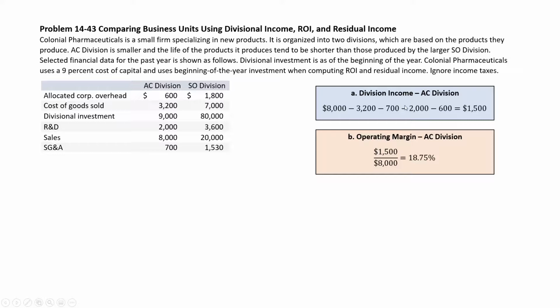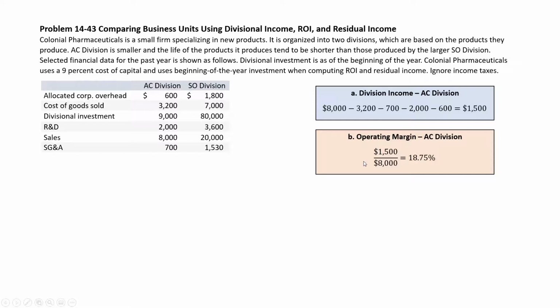And again, in this problem, we're not given tax information, so that would be our $1,500 divided by our sales of 8,000. Had it been gross margin, it would have been our gross profit or sales minus only cost of goods sold divided by our sales. Had it been the profit margin, it would have been net income. So I would have had to know what the tax amount was to subtract it from division income divided by sales. Again, operating margin, operating income divided by sales.